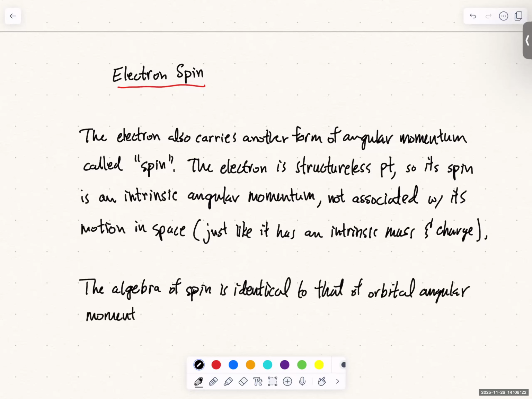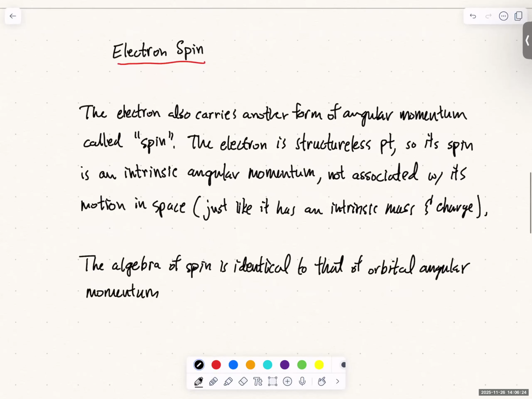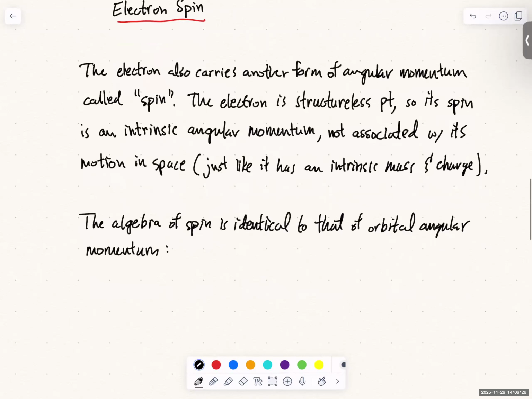We worked out a bunch of commutator relations, and those same relations hold for spin. Specifically, we had this neat commutator relation where if I take the commutator of the x and y components of angular momentum, I get the z component along with a factor of i h bar.